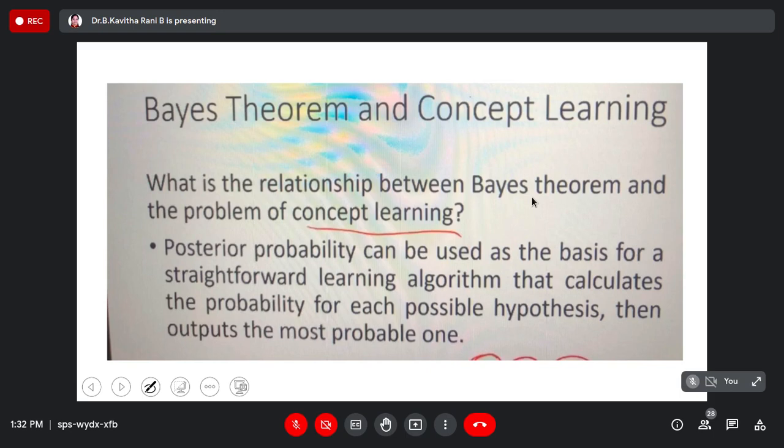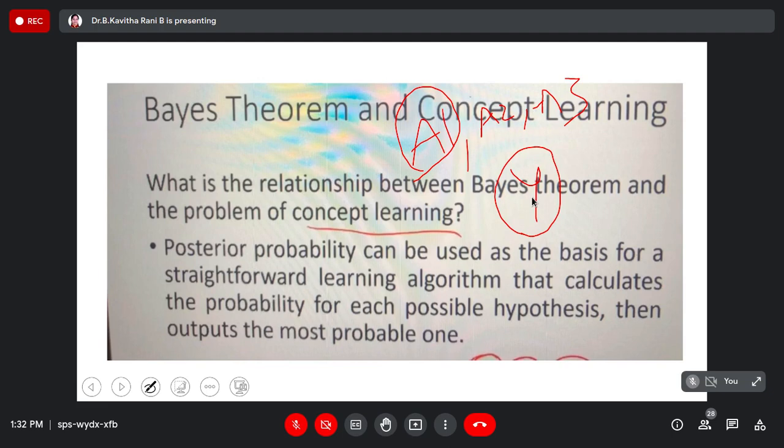I'll tell you one example also. Suppose you have attribute 1, attribute 2, attribute 3 as different attributes, and A1 can have larger importance for predicting the value of y. y is the output value.